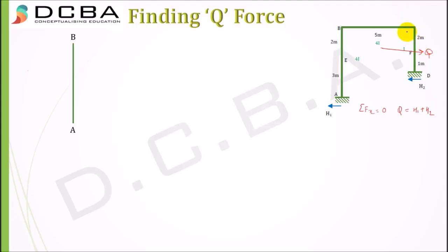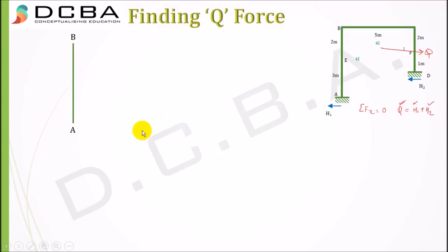This Q force does not have a specific location. It is a horizontal force and it can be acting anywhere. It's basically an imaginary force that we are finding. So it is H1 plus H2, and if I somehow find this H1 and H2, basically using the same technique that we used previously, I can find this force Q, right?